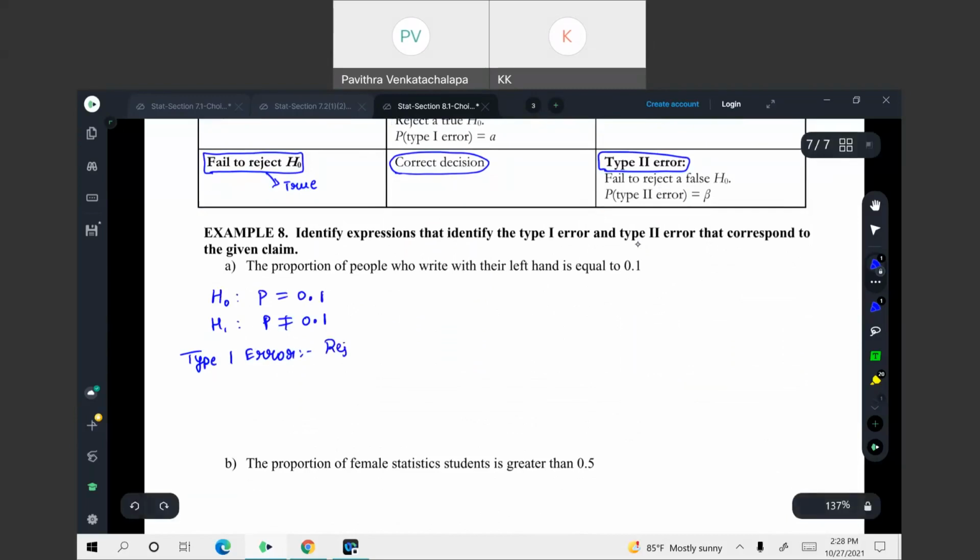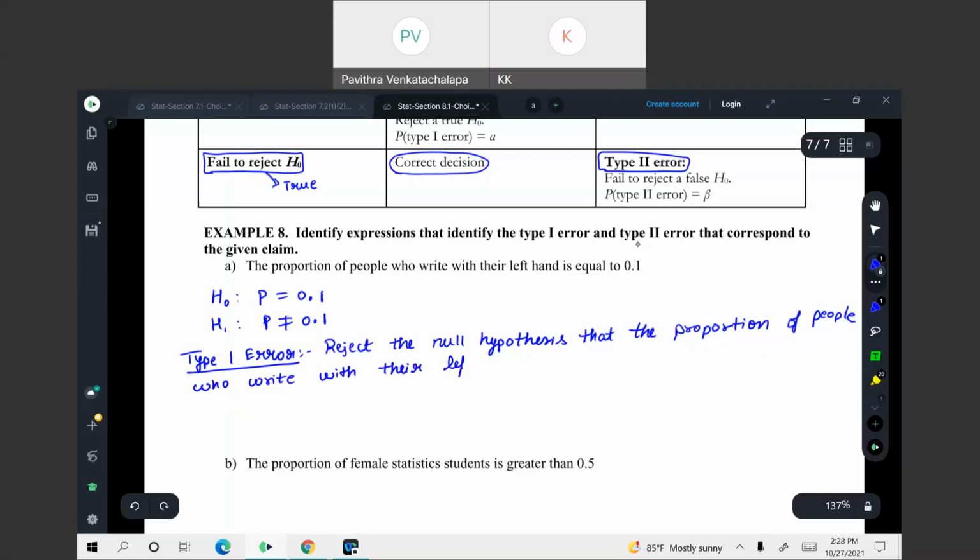You will write like this: you are going to reject the null hypothesis that the proportion of people who write with their left hand is equal to 0.1, when the proportion is actually 0.1.